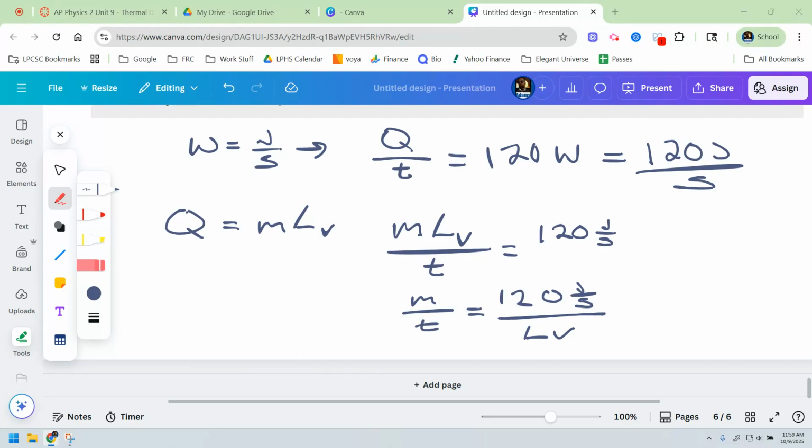So sweat is mostly water, but it also has some salt in it. So I've got to go back to the tables and determine what latent heat I should use.